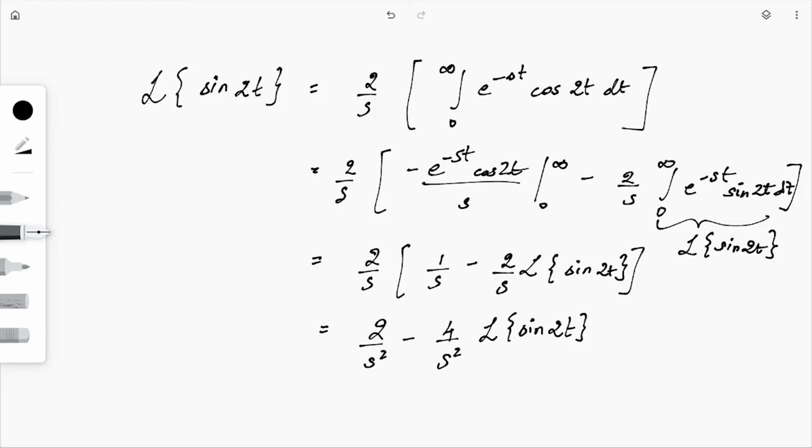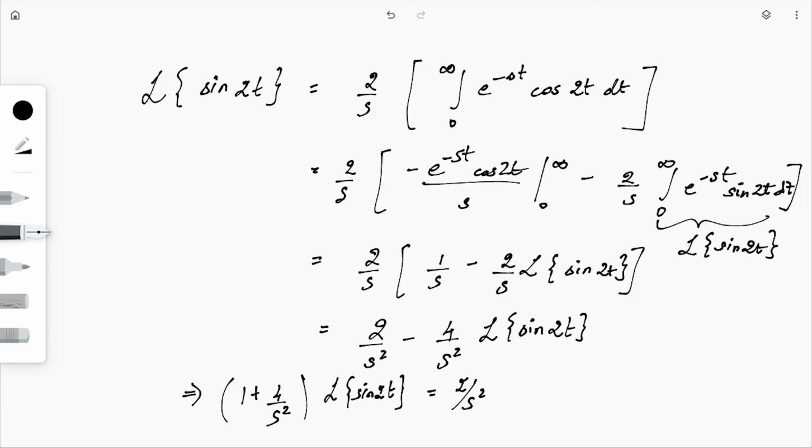So from this we'll determine the value of script L of sine 2t. How do we get that? By taking this to the other side, I'll get 1 plus 4 by s square into script L of sine 2t is equal to 2 by s square.